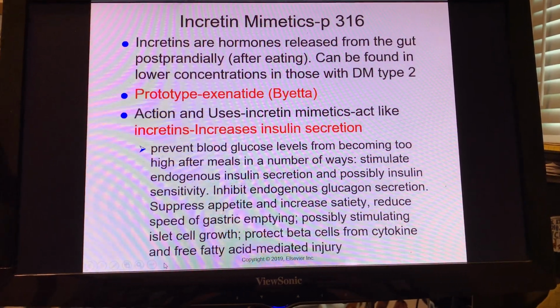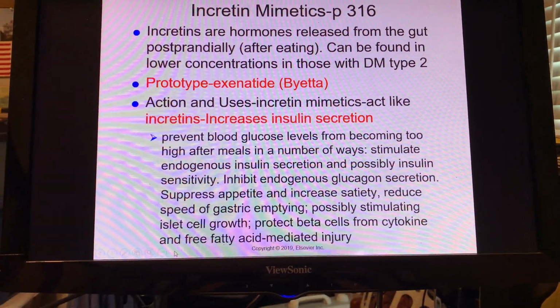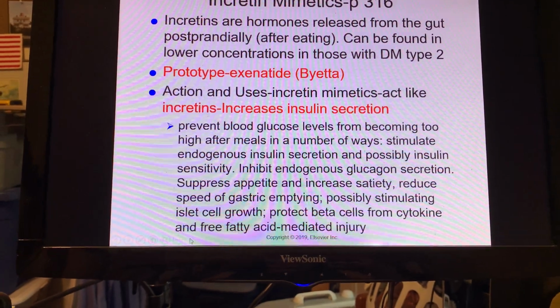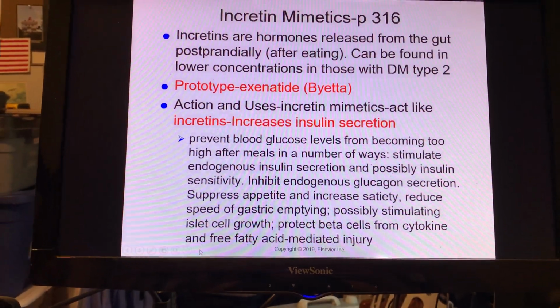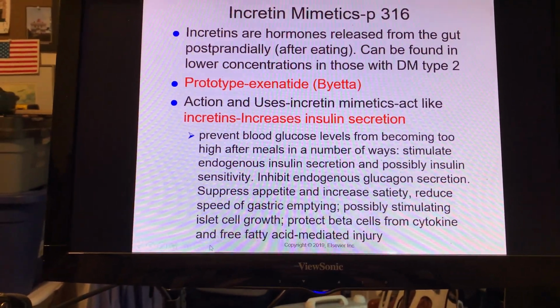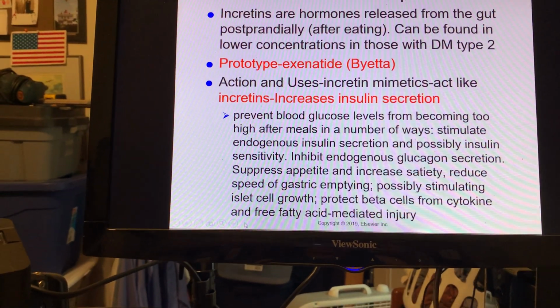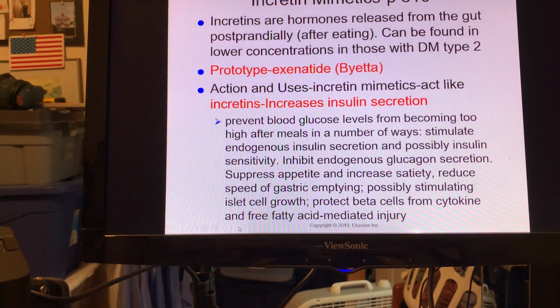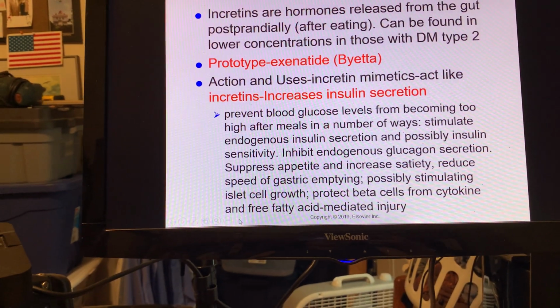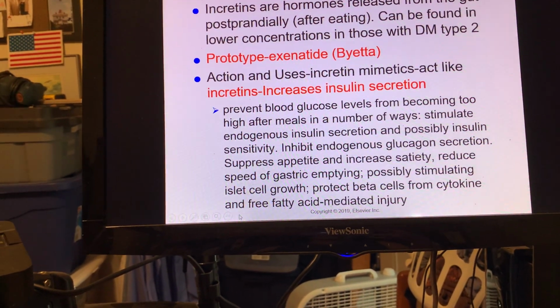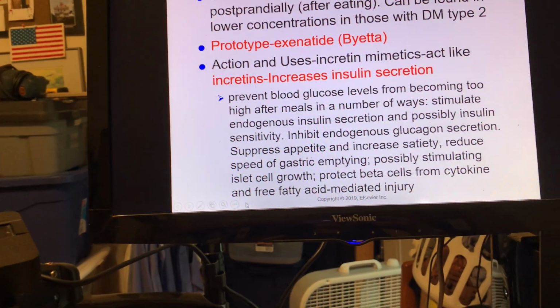They increase insulin secretion, they increase insulin sensitivity, and decrease glucagon secretion, which affects the liver.